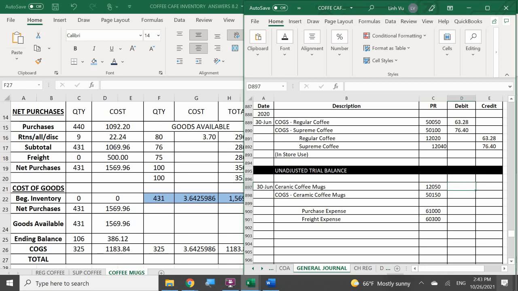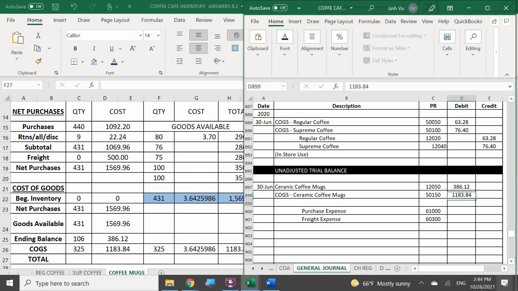What was the total value of my ending inventory? 386.12. What was the total cost of goods sold? 1,183.84.